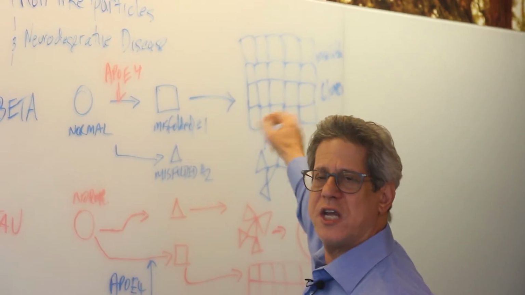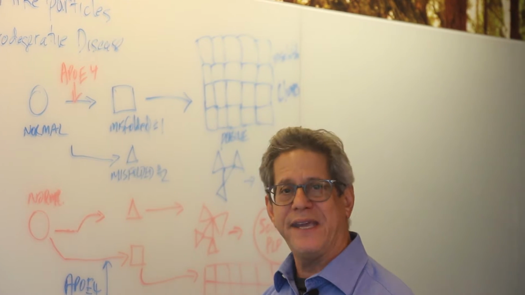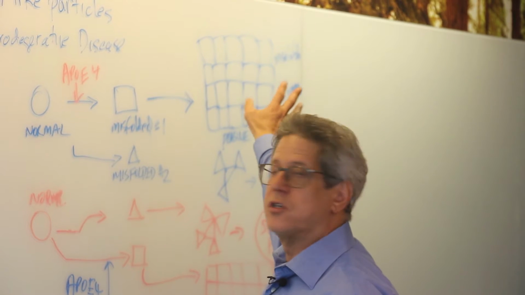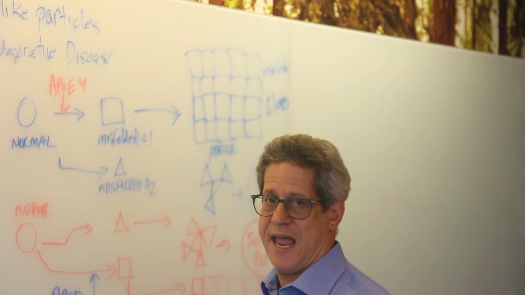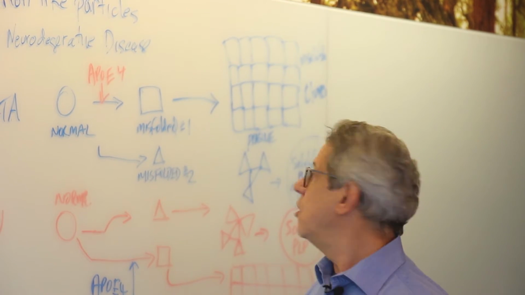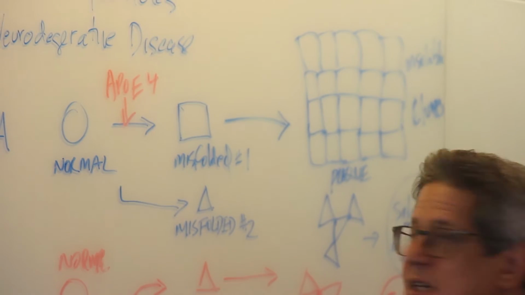However, these large insoluble aggregates do not appear to be linked so tightly with the disease. There are many patients with Alzheimer's that don't seem to have plaques or tangles, and there are many patients who are normal aging who have plaque and tangle and don't appear to have disease.